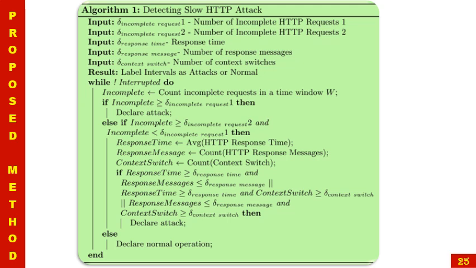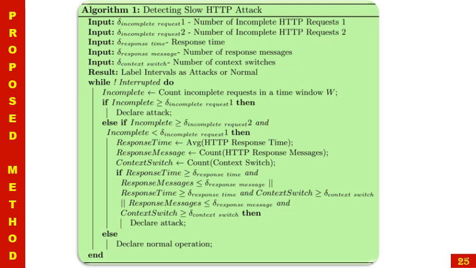Detection of slow HTTP attack algorithm. Here, all the parameters that we have discussed so far are taken and measured for a benign time window or a benign time period, based on which we calculate 5 thresholds: upper and lower threshold for incomplete requests, and thresholds for response time, response messages, and context switches.